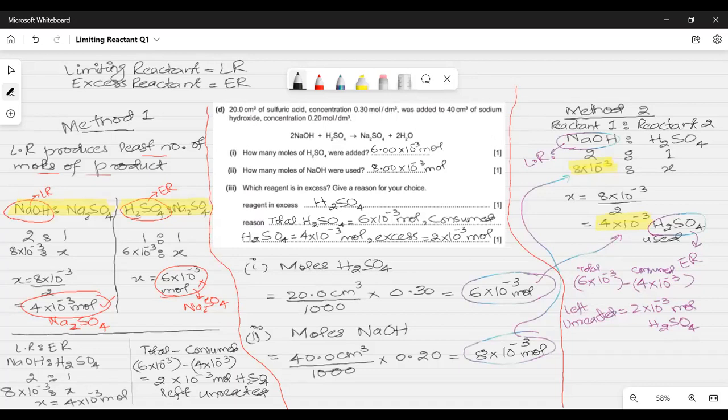And finally, since you have already identified them, you can of course calculate the amount of excess, or what has been left unreacted at the end of the whole process, and that would be 2 into 10 raised to power minus 3 moles of H2SO4. So I love to write factual answers instead of just sentence-based explanations.